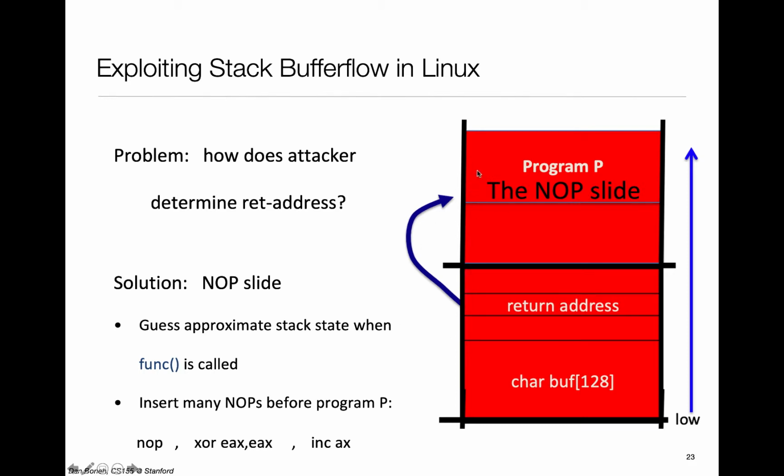You can jump into this no-op slide, and because the instructions execute this way, it will execute program P. So you don't need to know the exact address of program P, you just need to land somewhere in your no-op slide.